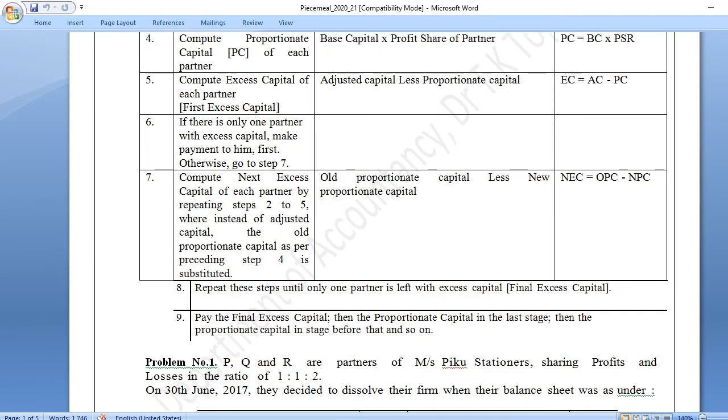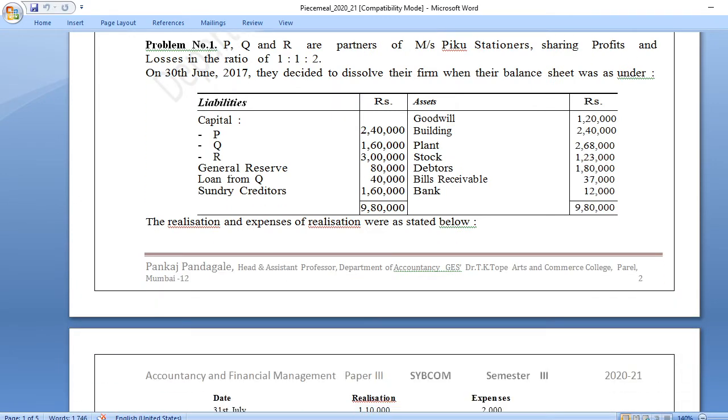We have to pay realization expenses first, but there are no realization expenses here. Q is one of the partners and has provided a loan to our partnership firm. Sundry creditors is an outside liability, so we pay it first.